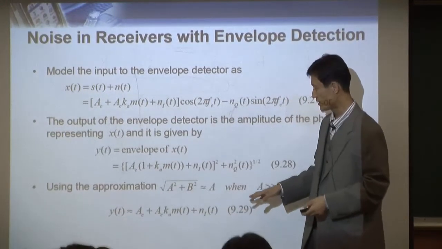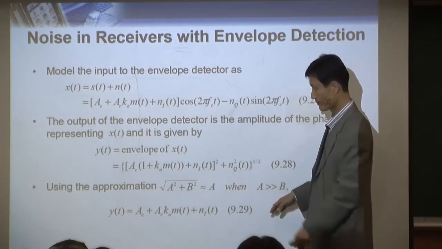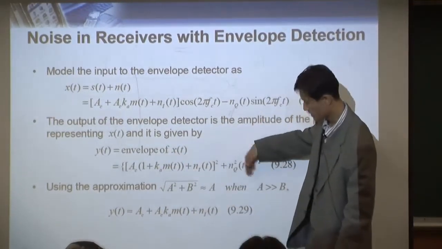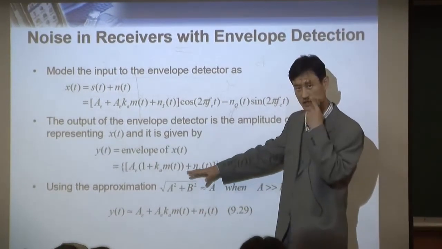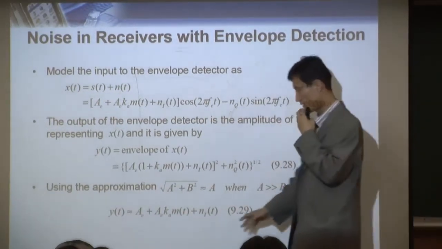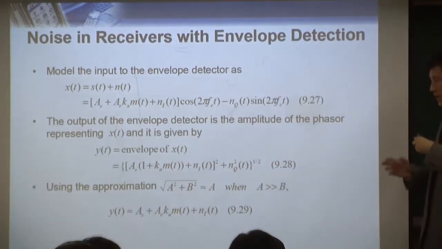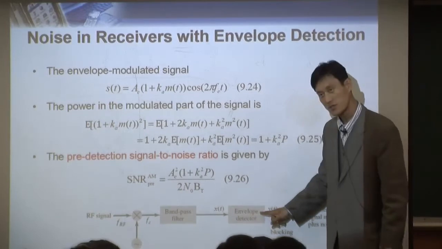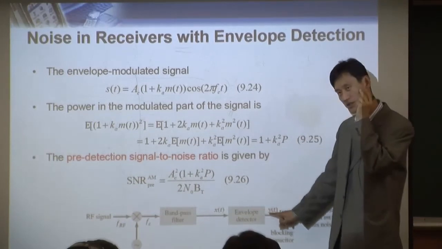Using this approximation, we can change this into just A, and B we simply ignore. Once you do that, what we now get is y(t). We already passed through the envelope detector, and the output of the envelope detector is y(t).